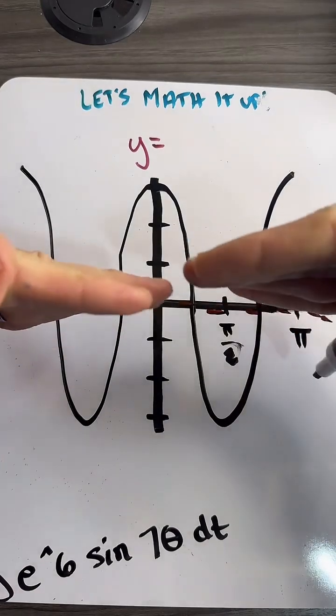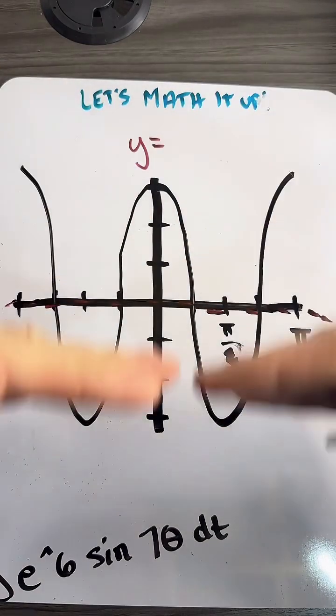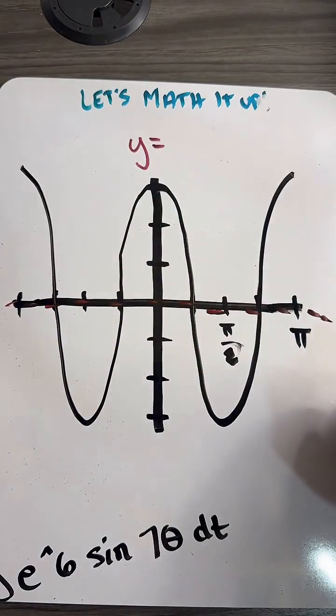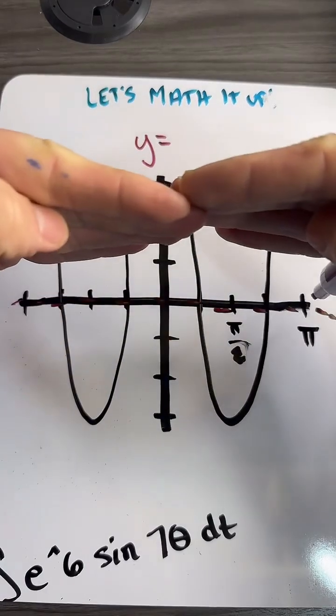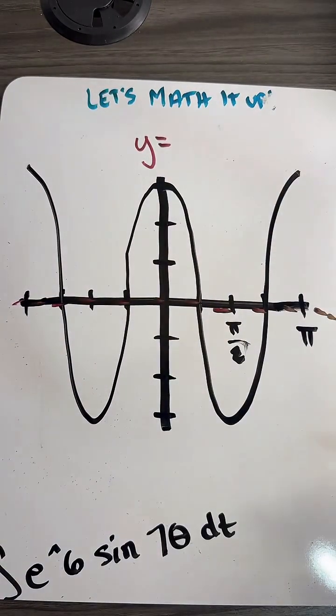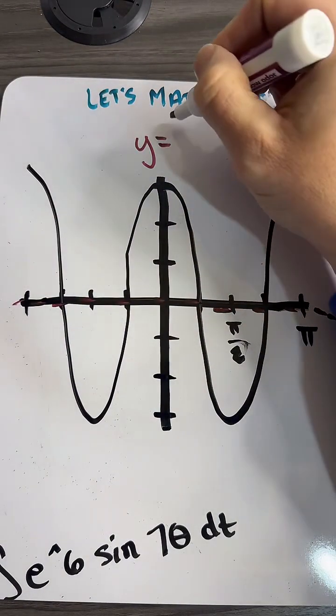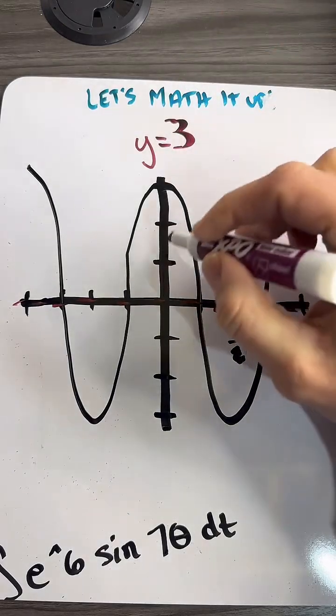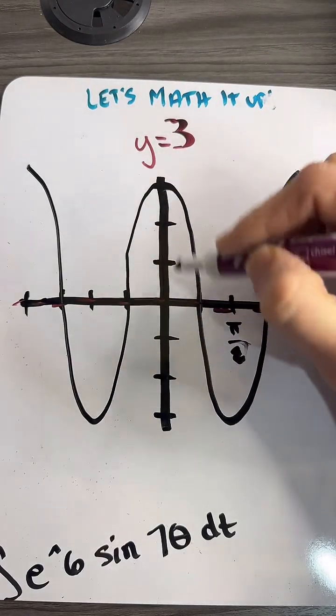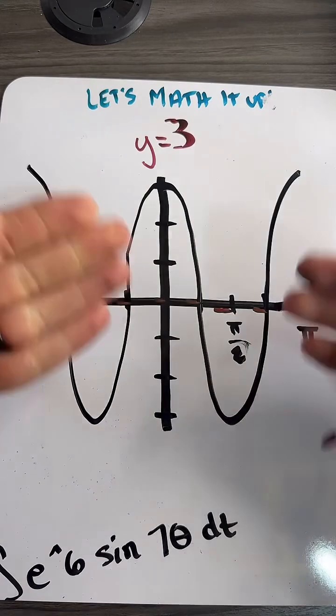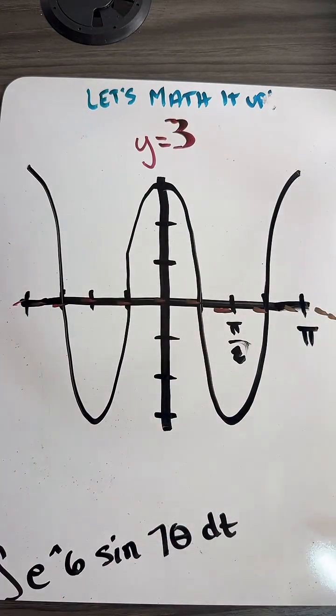Like right here, it goes up 3, down 3. You got to find the middle of your graph, because if the middle of your graph is like up here, then we kind of have to adjust what our amplitude is. So our amplitude here is going to be 3. Okay, it's always, okay, 3 is, it's up here. Now it could be negative, if we were dealing with like a moved over sine graph, but it doesn't look like that here.